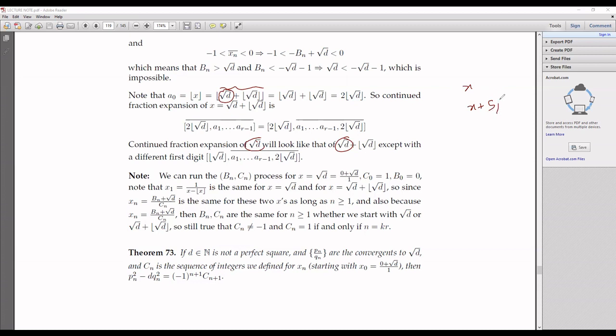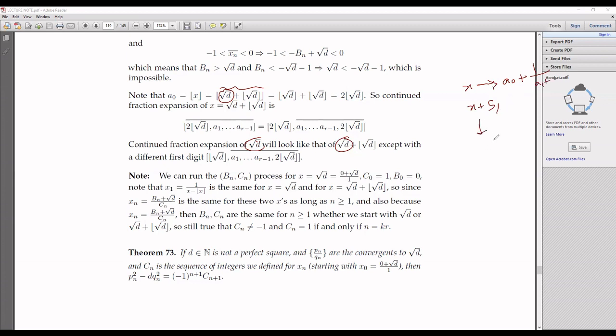The only difference is in the integer part. And in continued fraction, all we do is take the integer part, separate it from the fractional part, right? So the difference will only be in the first value. If this number has the first value a naught and second value a1, that means it would go like this, etc.